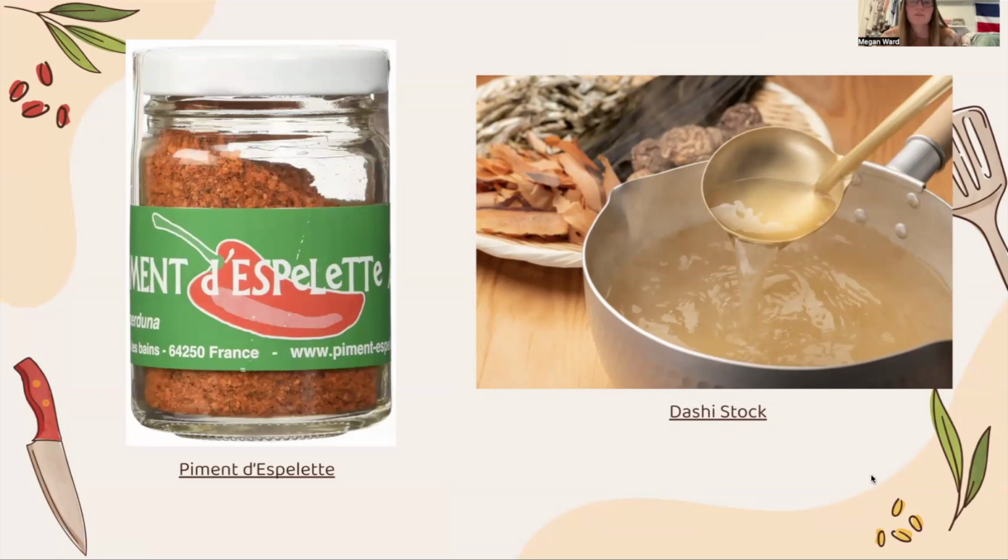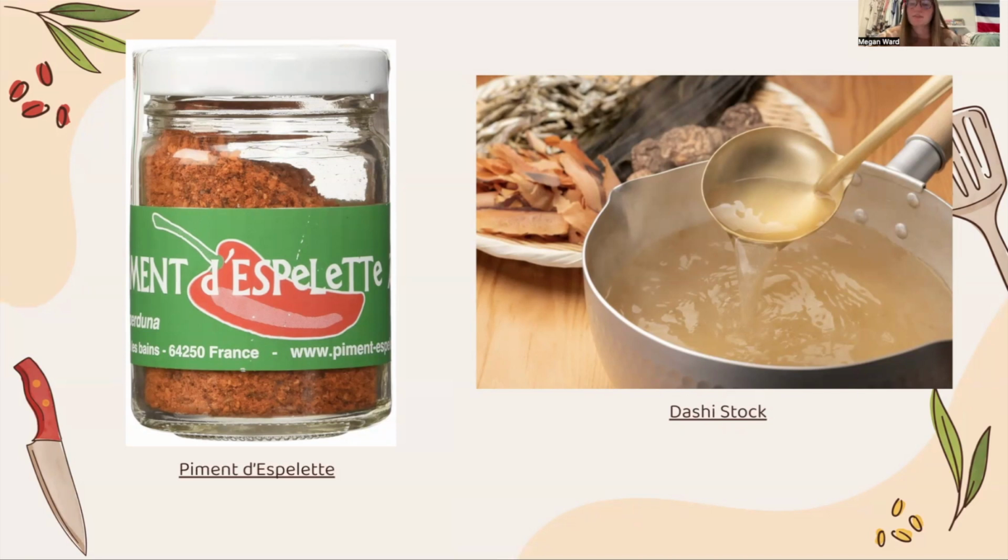A couple other examples of ingredients that can be hard to translate are piment d'Espelette, which is a common French spice, but it's not easily found in the US or in the UK. So when recipes are translated from French to English, translators have to keep in mind that that ingredient is not going to be readily available for their audience. Dashi stock is another example of an ingredient that's commonly found in Japanese recipes.